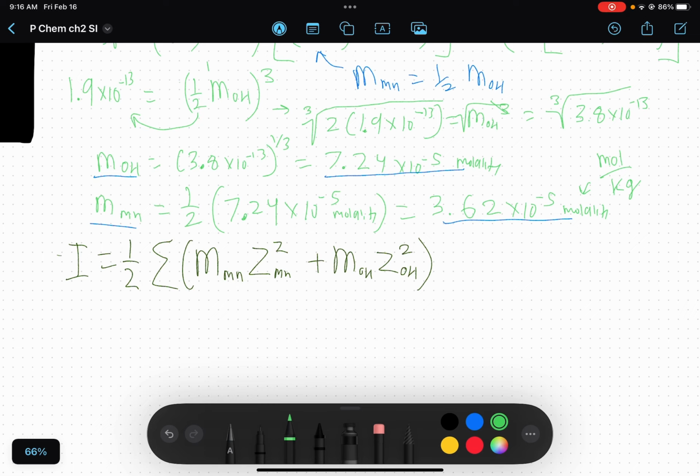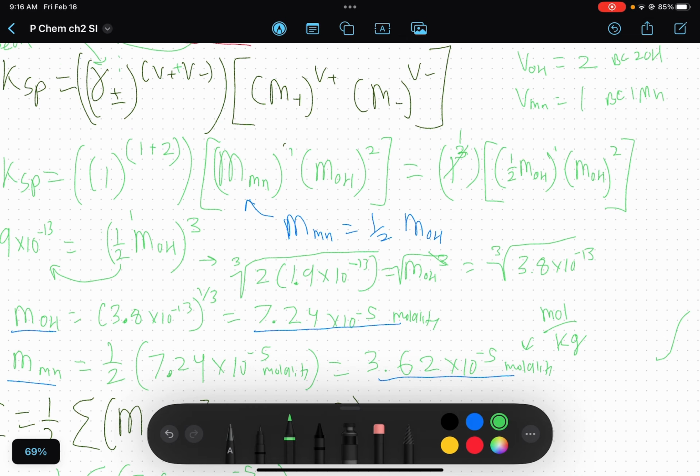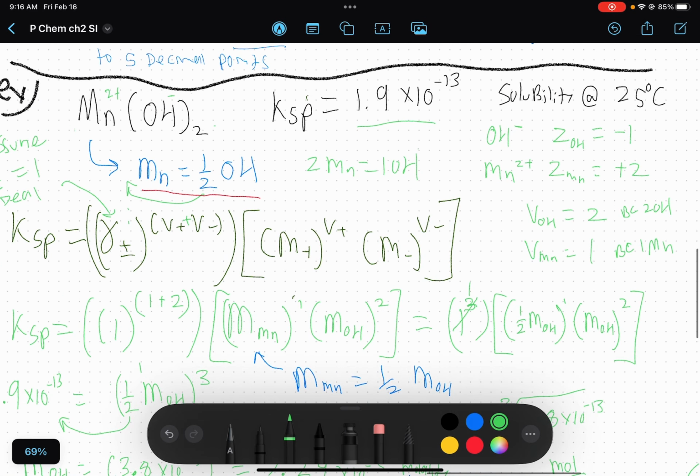So then we should be able to calculate that using what we just found in the previous Ksp equation. So it's going to be 1/2 times Mn, which we found to be 3.62 times 10 to the -5 moles per kilogram. And then the z we found up here with the charges, right?